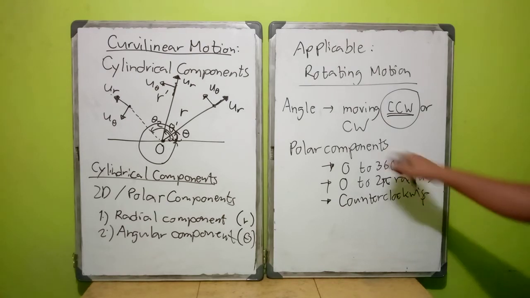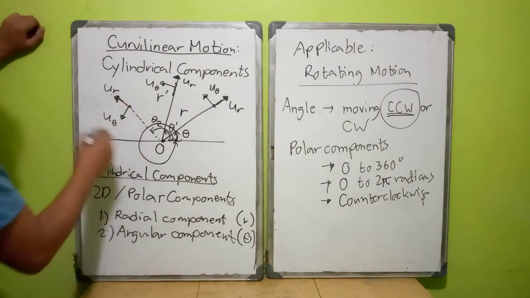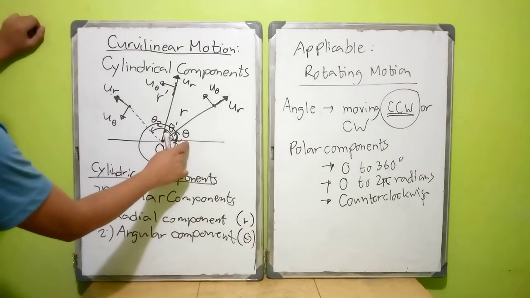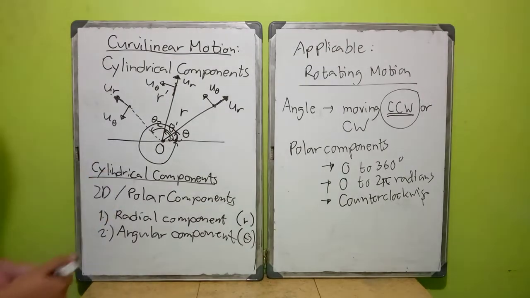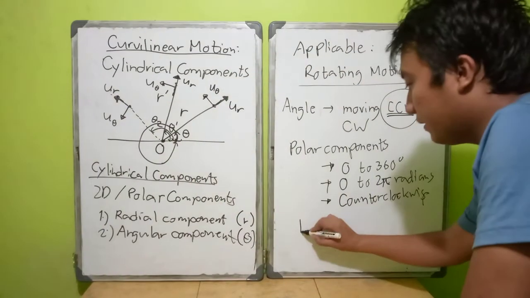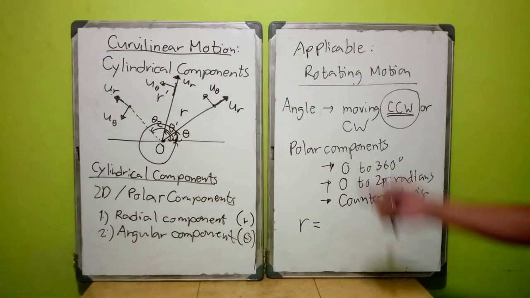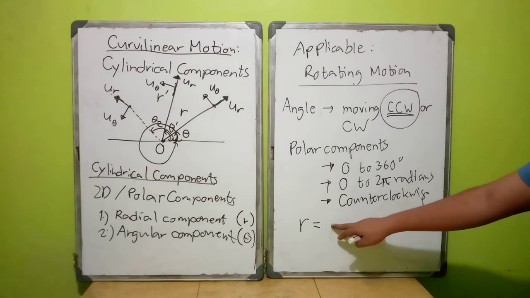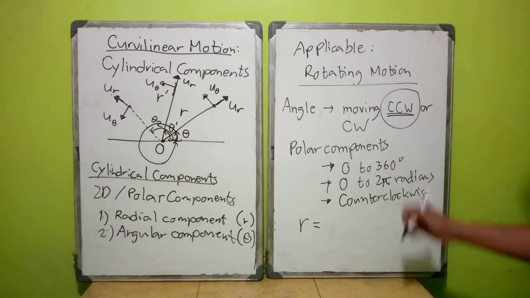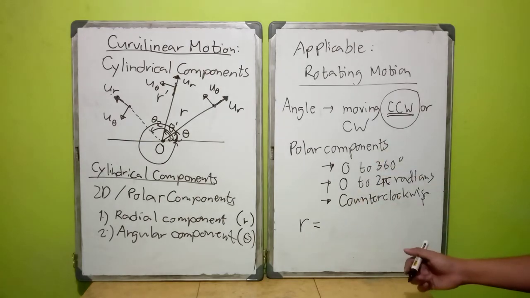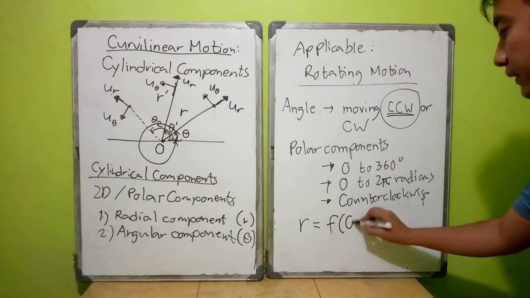This is how you graph your polar components. If you have a given value of theta, what will be your R component, your radius? Your R, or radial component, is the dependent variable, while your theta is the independent variable. So you can say that your R is a function of your theta.